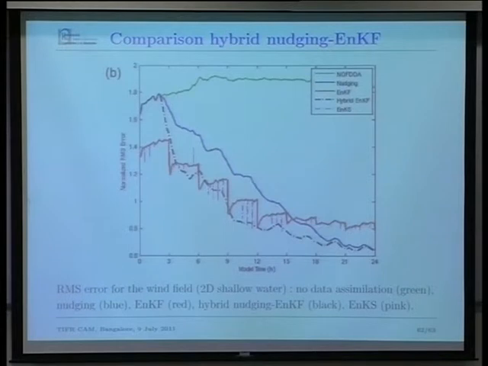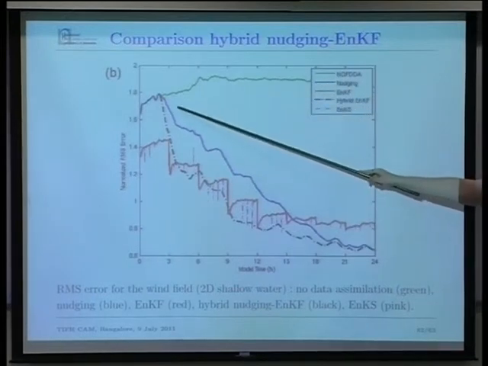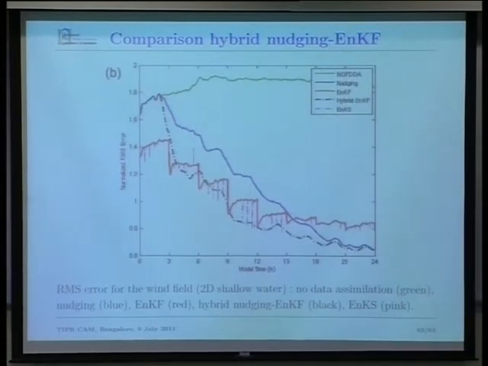So if the current, for instance the jet stream, is misplaced by a few grid points, then you have 1% error immediately. So if there is no data assimilation, the wind field is bad and remains bad.